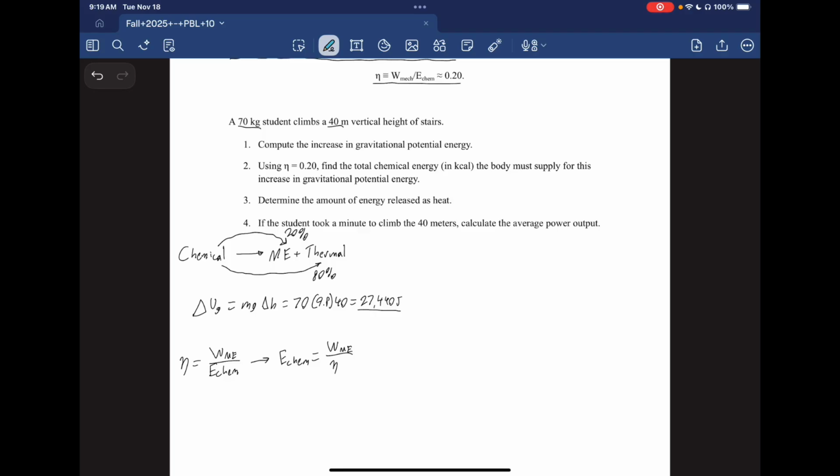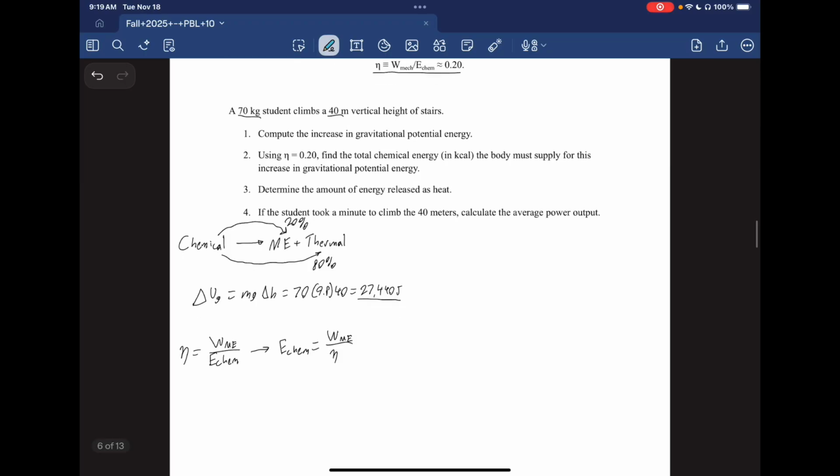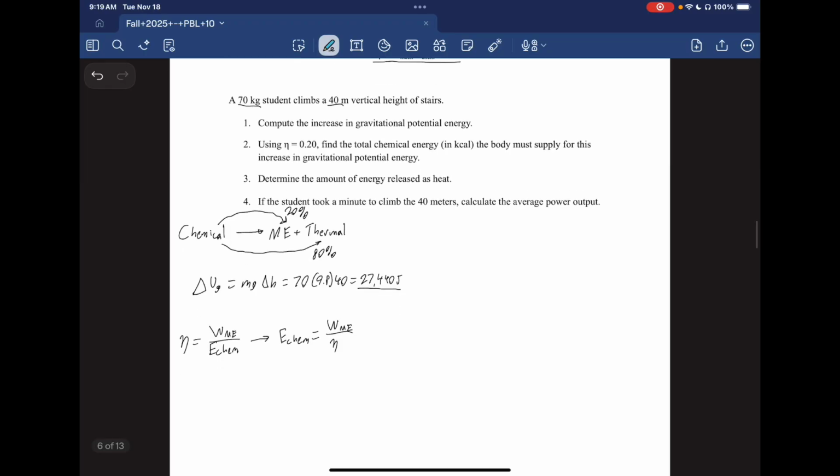And we know that it's going to take 27,440 joules of energy to bring the student up those stairs because that's how much potential energy they have at the top. And so we can say that our E chem equals 27,440 divided by 0.2, which equals 137,200 joules, or 32.8 kilocalories.